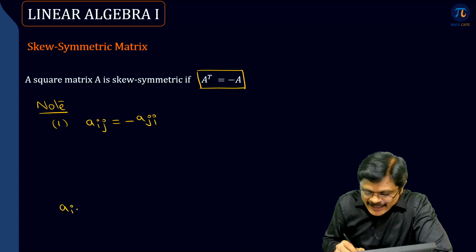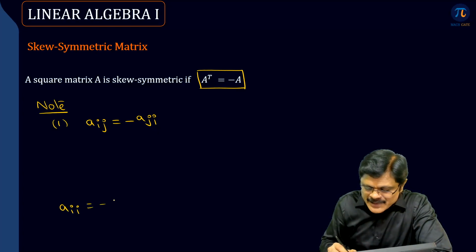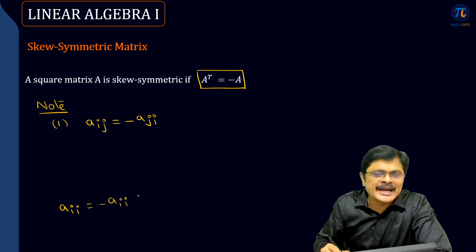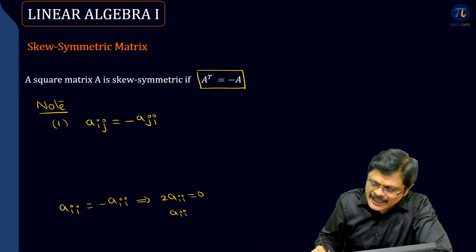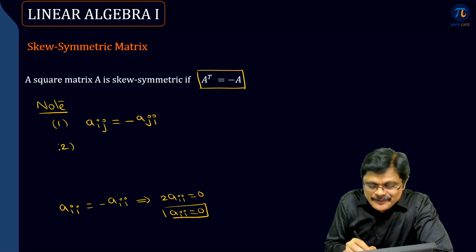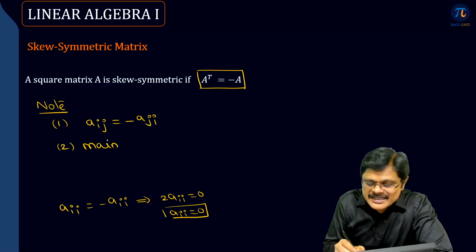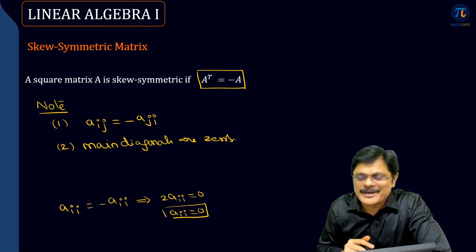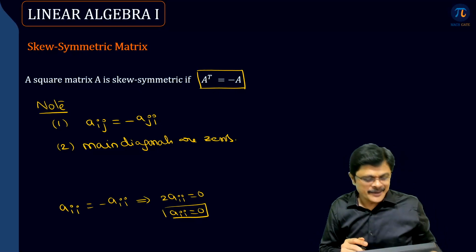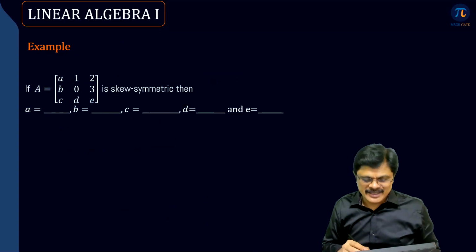Actually, if you consider main diagonal elements, Aii must be equal to minus Aii. That means 2Aii must be equal to 0. Therefore, Aii must be equal to 0. That means all main diagonal elements are 0. Okay, that is about the skew symmetric matrix, my dear.